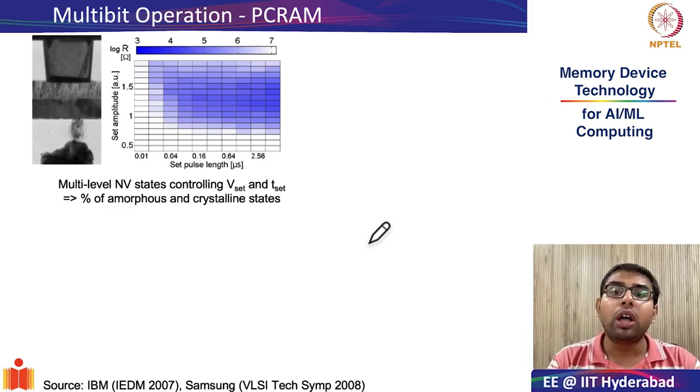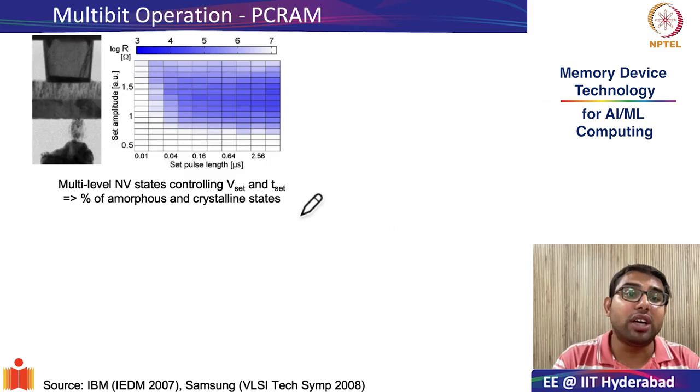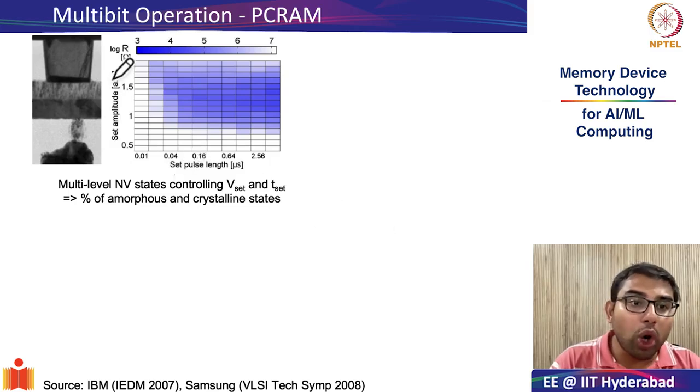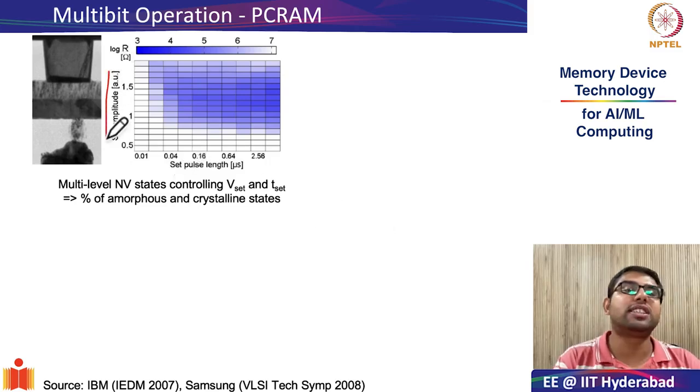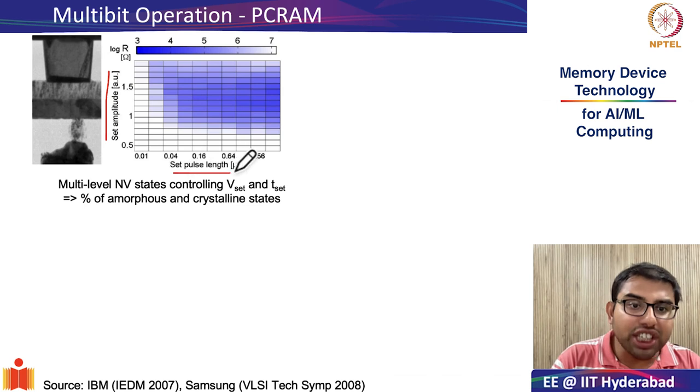Remember, one of the very important reasons why NAND flash had very good bit density is its ability to show multi-bit behavior. It turns out that PC RAM shows much better multi-bit behavior. This is because by controlling the amplitude and the duration of the set pulse, you can tune the resistance of this device over orders of magnitude.